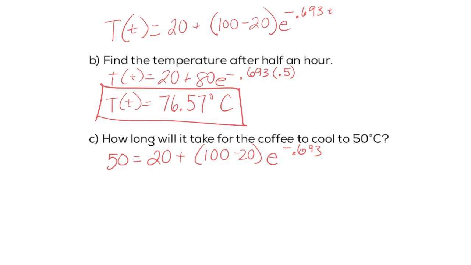First thing you have to do is subtract the 20. So that's 30 equals 80 e to the negative 0.693 t.